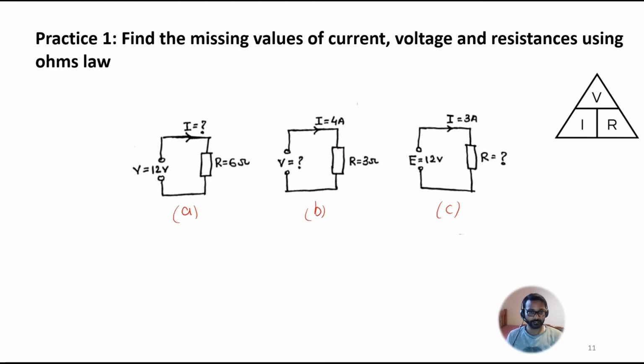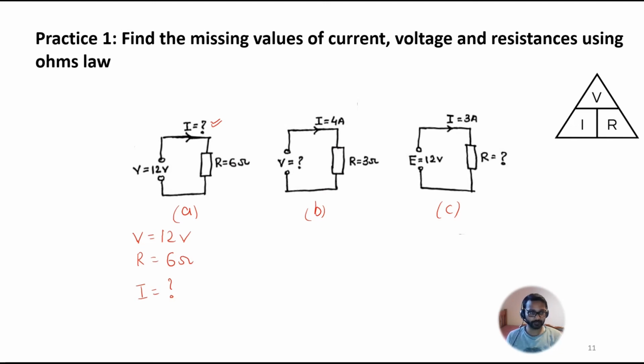In the first circuit, or circuit A, you are given the value of voltage, which is 12 volts. The value of resistance is 6 ohms, and you have to find the missing value. So the missing value here is current, right? So you have to find the value of current.